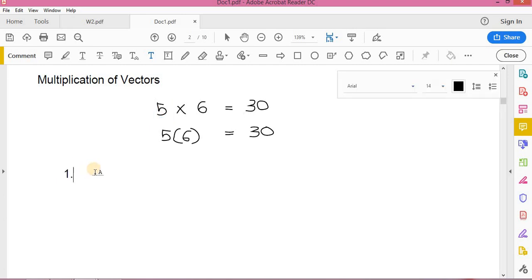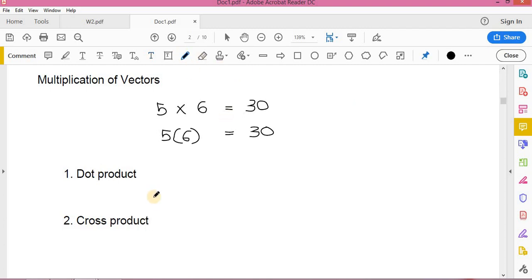The first one is the dot product, and the second one is the cross product. So what is the difference between these two?